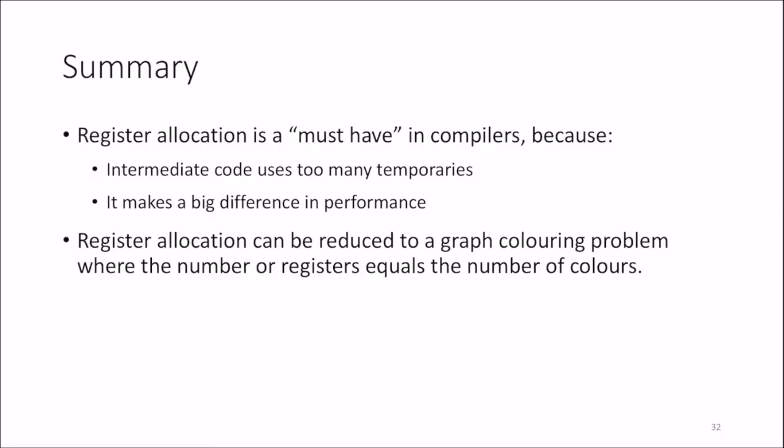And register allocation, as we saw, can be reduced to a graph coloring problem where the number of registers that we need to allocate are equal to the number of colors. So a 4-coloring problem on a graph, a register interference graph, becomes the solution to the problem of allocating each node, aka each location, to a register. So register allocation becomes equivalent to the graph coloring problem over the register interference graph.